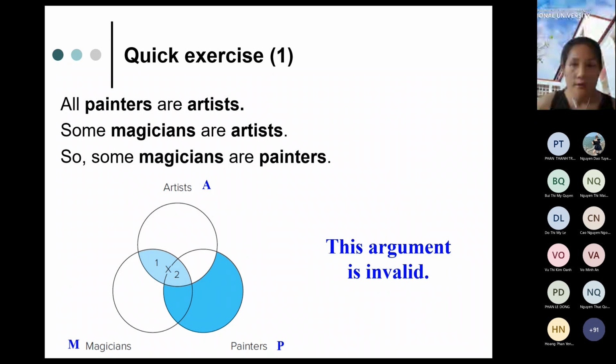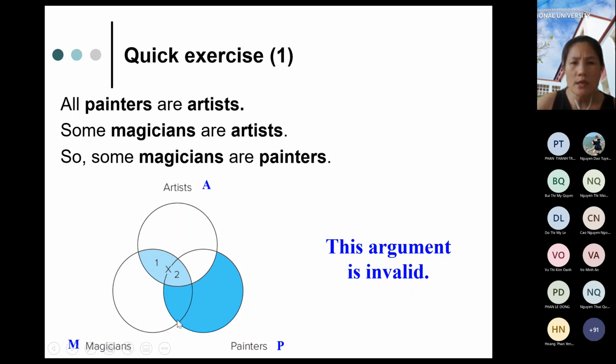So we check the conclusion, we don't draw the conclusion. And the conclusion says "some M are P". It means that it must have the X in the common area of M and P here. Then the argument is valid. It means that if the conclusion is described on the Venn, then we must see the X in this area.